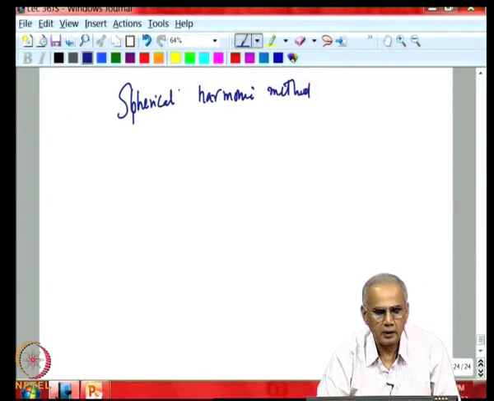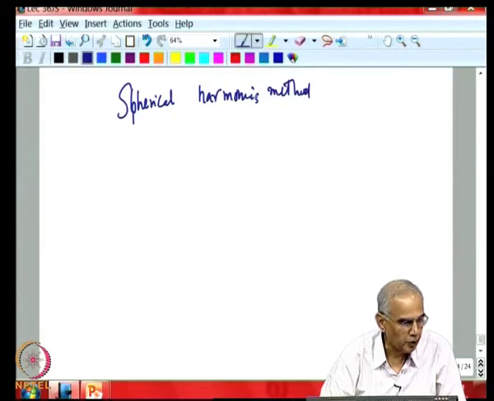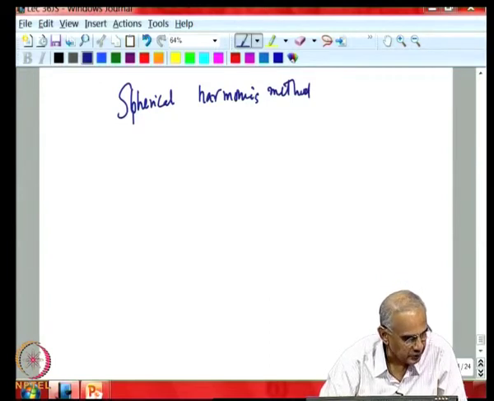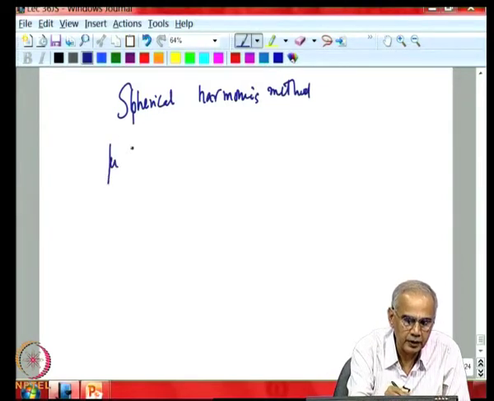As the name indicates, we are going to exploit the spherical harmonic functions. So, we again start with the same equation which we had earlier.